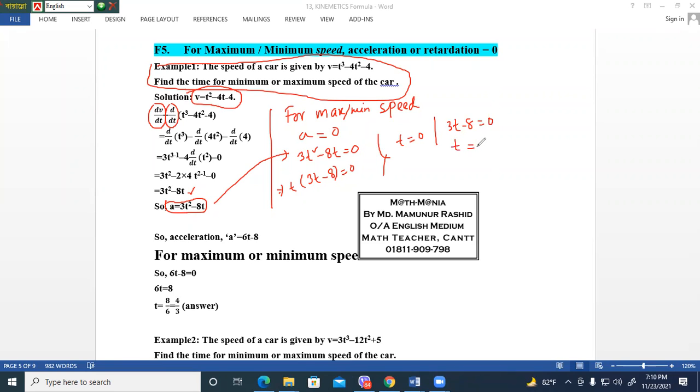So t equals 8/3. This is the answer. I hope no doubt to anybody. If you don't have any questions or doubt, I want to start the next questions now.